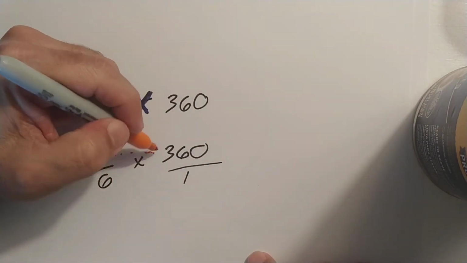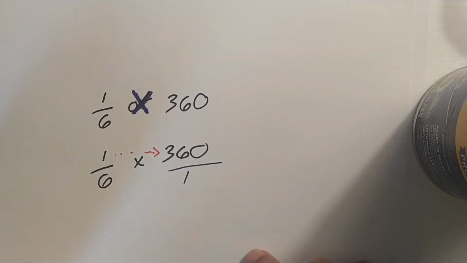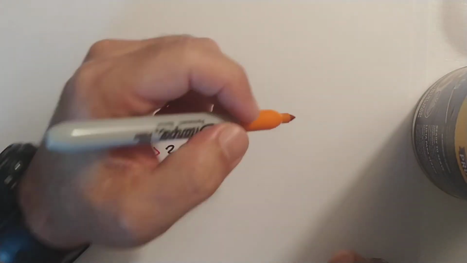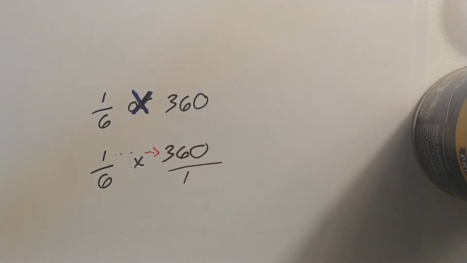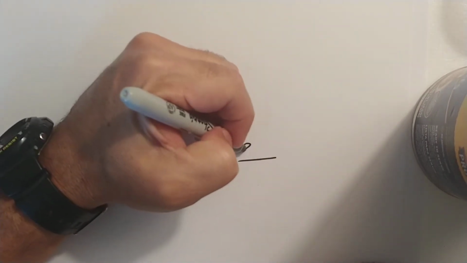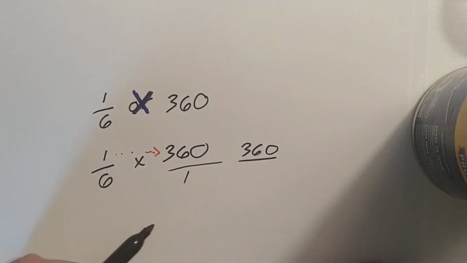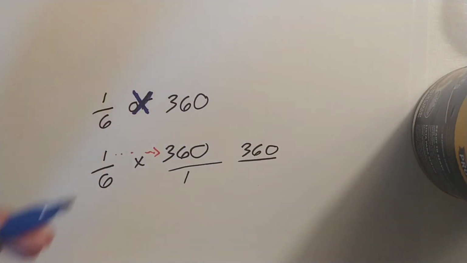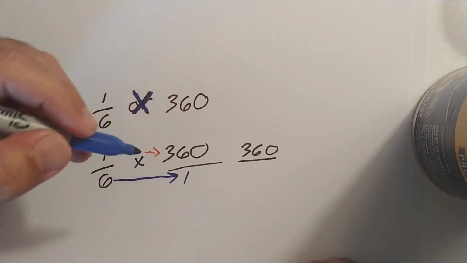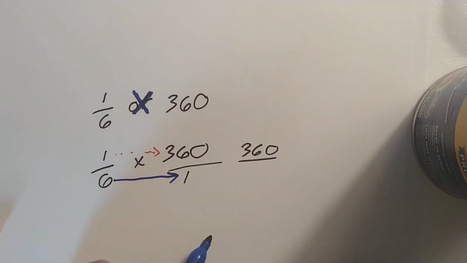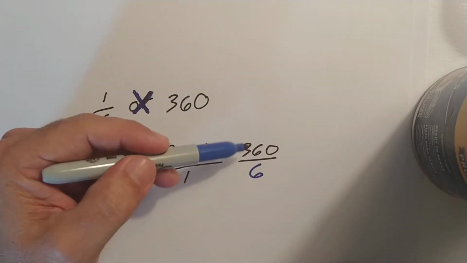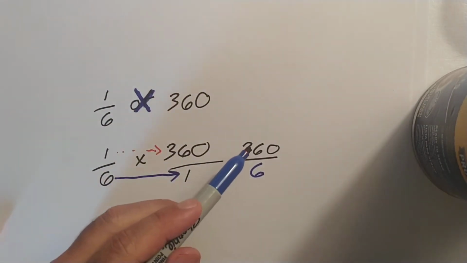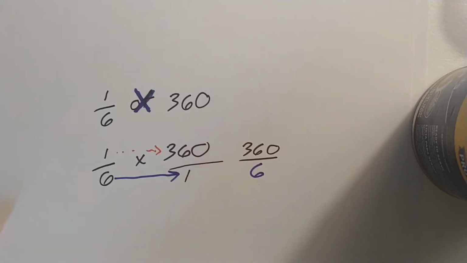So if I take this 1, I multiply with the other numerator there, 1 times 360, that's going to give me 360. And then 6 times 1, multiplying my denominators across the bottom, that's 6. So now I have this fraction here, 360 over 6.